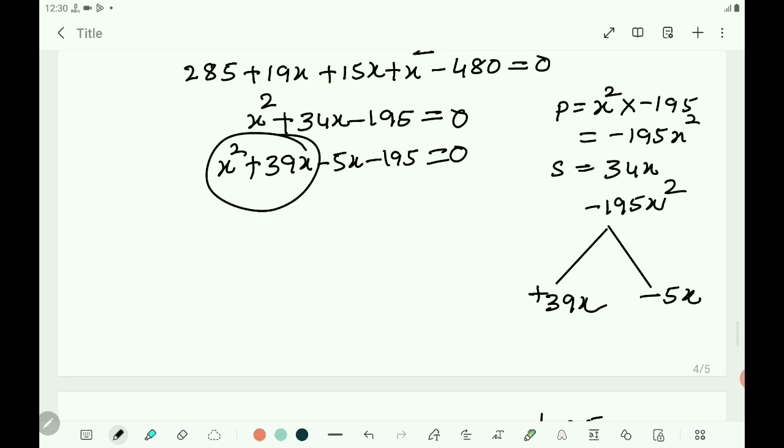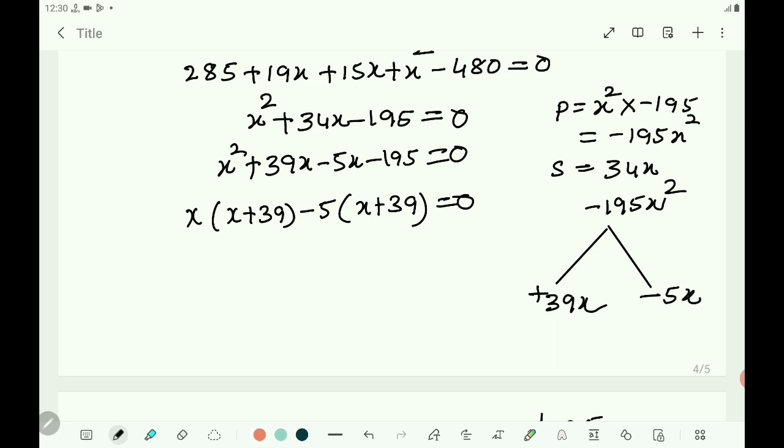Here you remove the common. What is common? X is common. X into x plus 39 minus 5 into x plus 39 equals 0. Common factor is x plus 39. X plus 39 into x minus 5 equals 0.